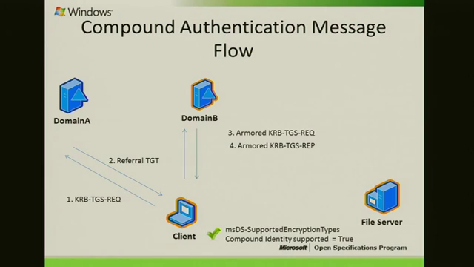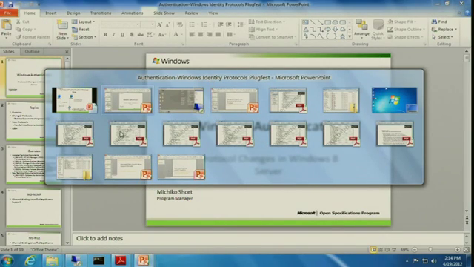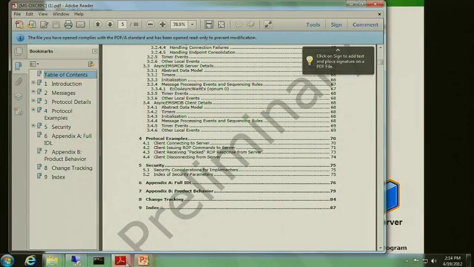Okay? In there we use high order bits, and one of them is for compound identity supported, and so when this is set, it's true. Might be a little bit clearer if we look at the document, since we've got a lot of people that need to figure out which document it is. So, not that one.